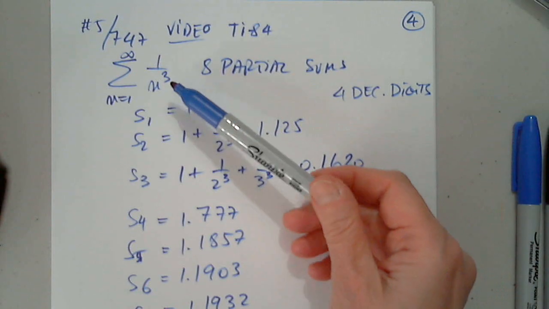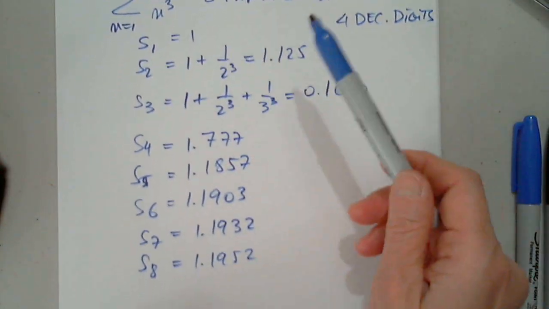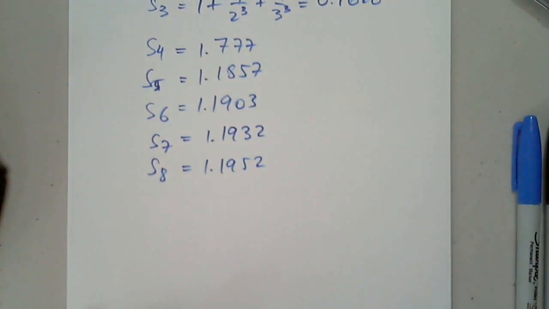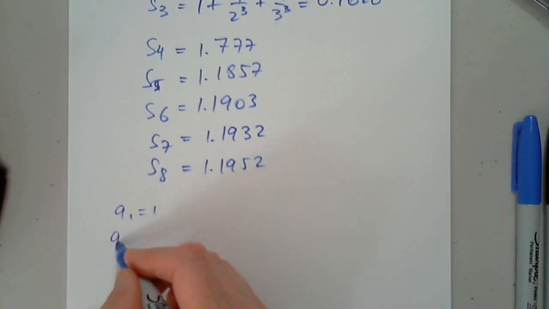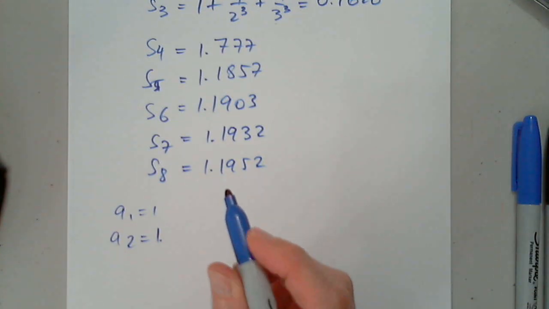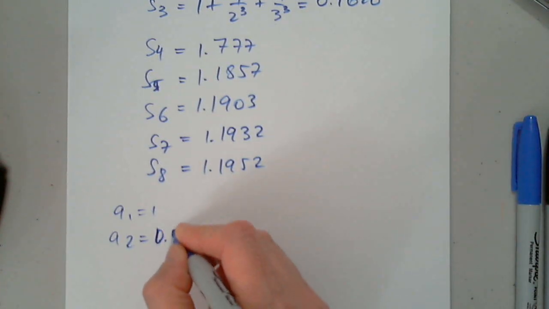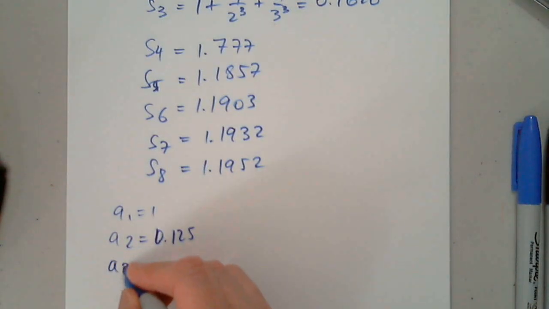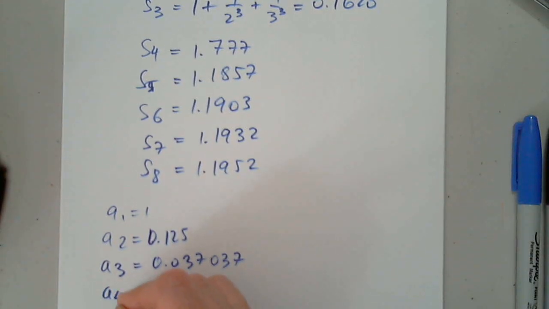I also wanted to copy, because I showed in the video how to determine, the first 8 terms of the sequence. So let me also copy them here for you. A1, of course, is 1. A2 was 0.125, yes. A3, 0.037037.